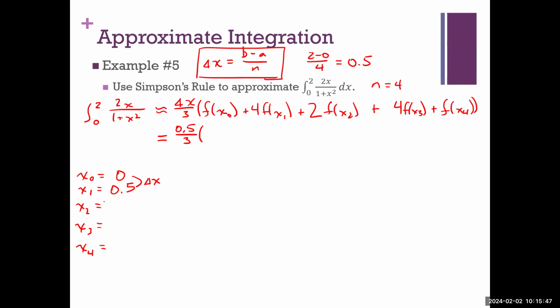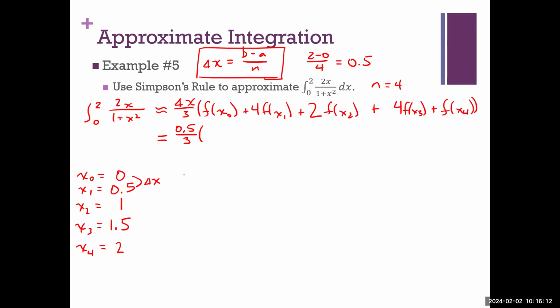No. That's probably the easiest way to figure out where your sample points are. The first sample point will be the lower bound of your integral. The final sample point will be the upper bound of your integral. And then delta x is just this linear pattern that I tack on to get from one to the next.